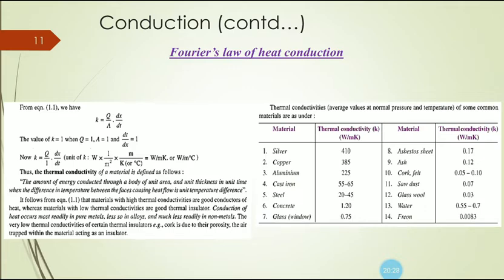So this is the definition of the thermal conductivity of a material. Okay, so we can say that materials with high thermal conductivities are good conductors of heat, whereas materials with low thermal conductivities are good thermal insulators.